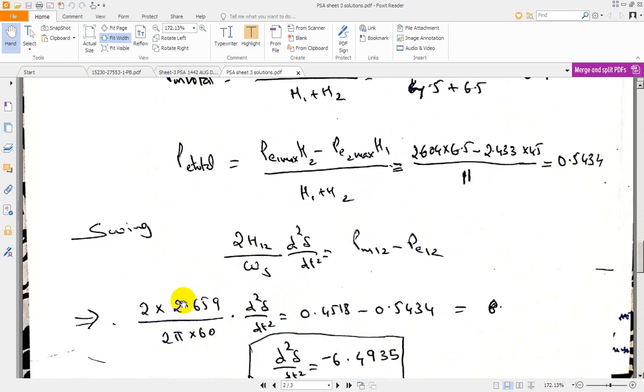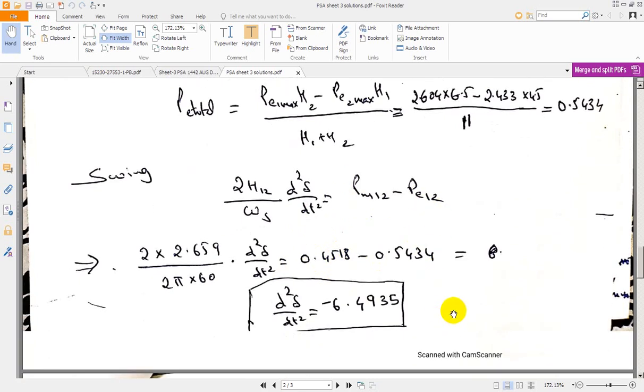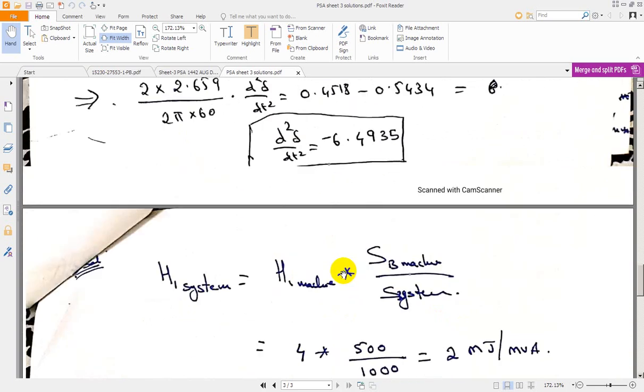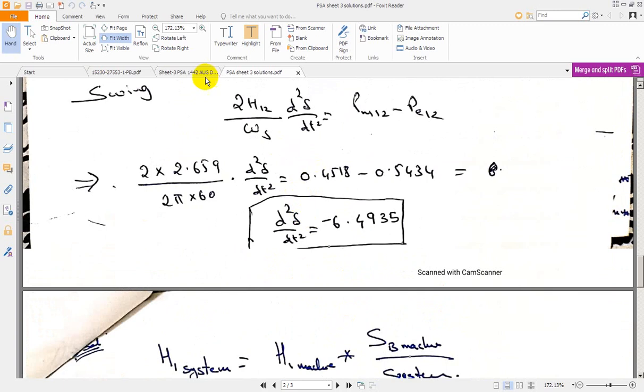Substitute the values: omega s is 2 pi f, d square delta by dt square, PM12 is 0.4518, PE12 is 0.5434. You will get d square delta by dt square equal to minus 6.4935. This forms your second question.